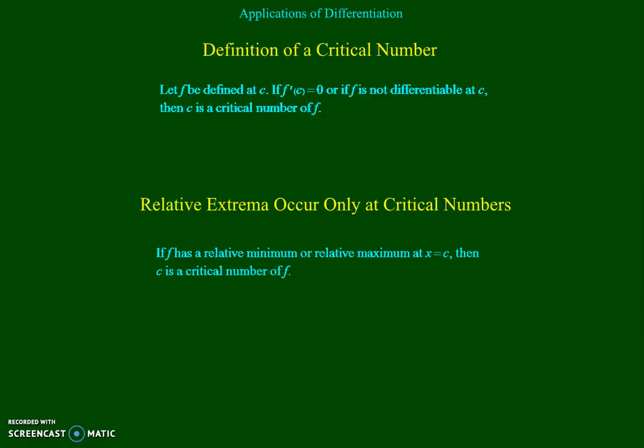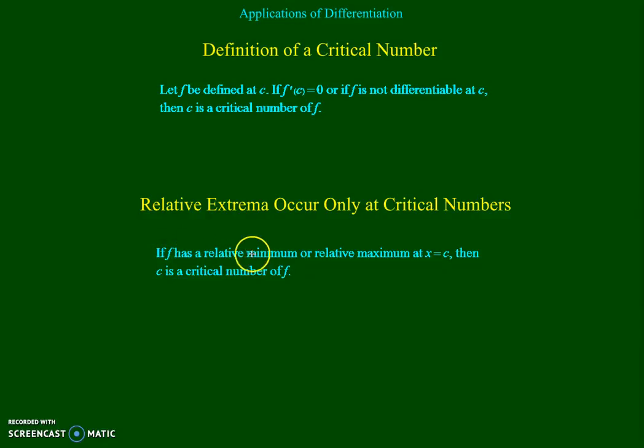And it says, let f be defined at c. If f prime of c equals 0, which is what we found in the last example, or if f is not differentiable at c, then c is a critical number of f. And an extension of that is relative extrema occur only at critical numbers.